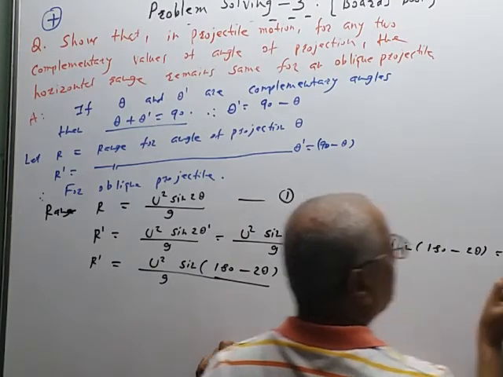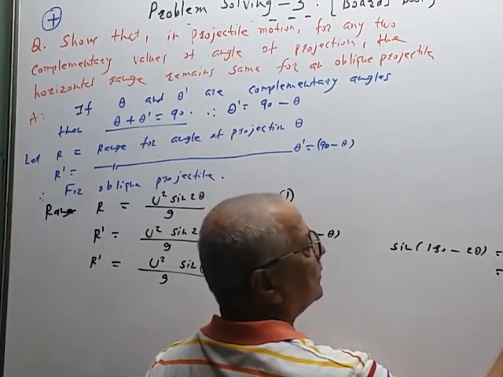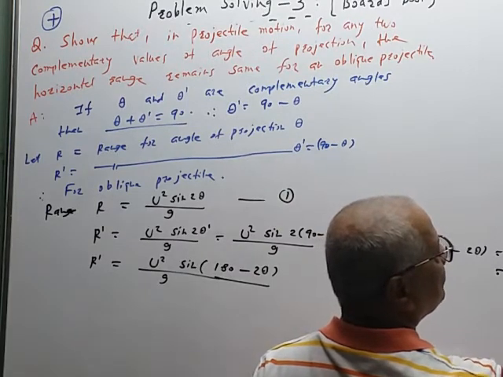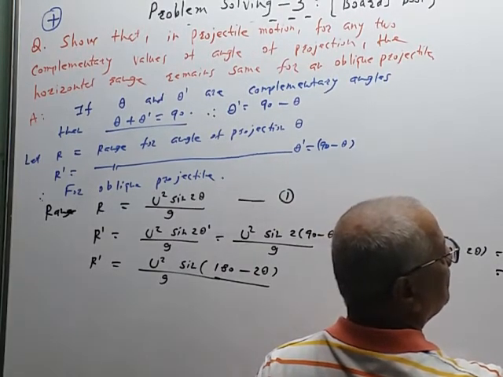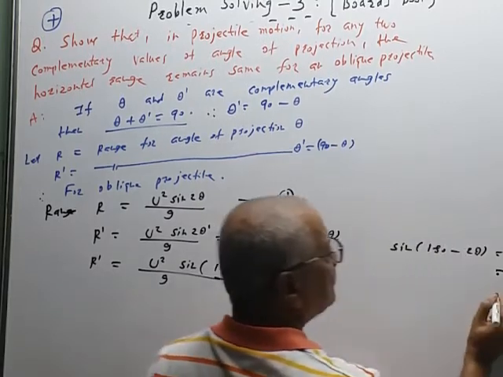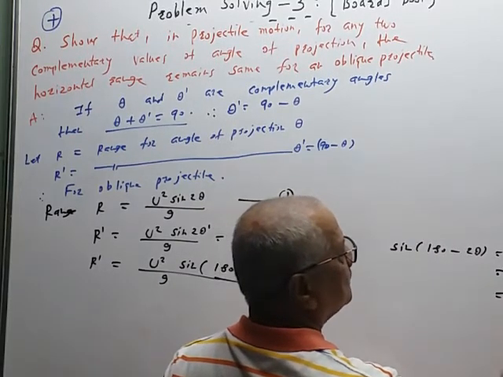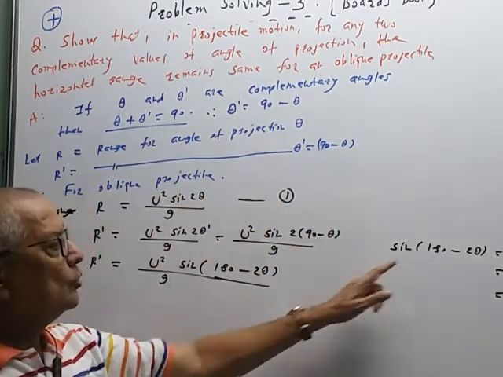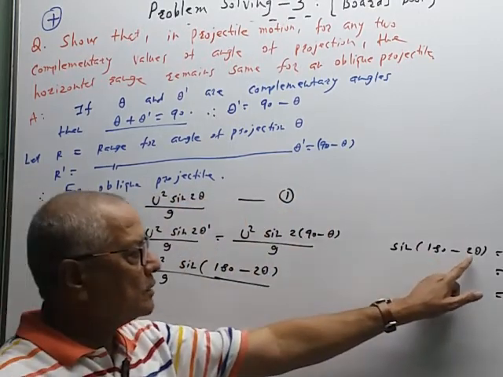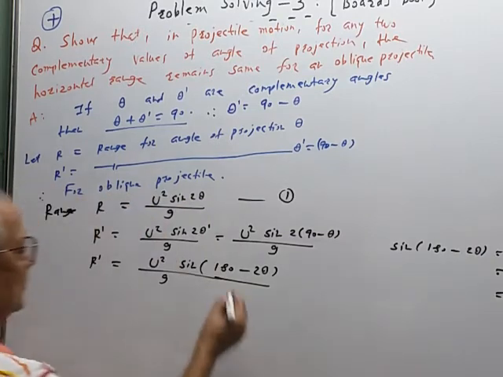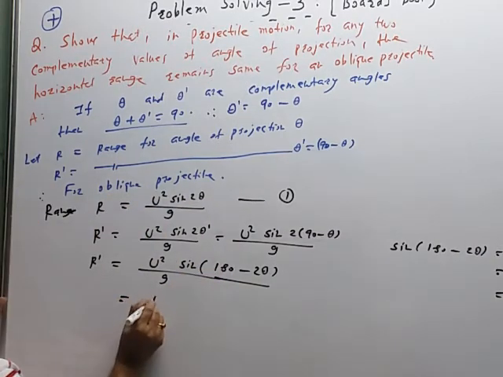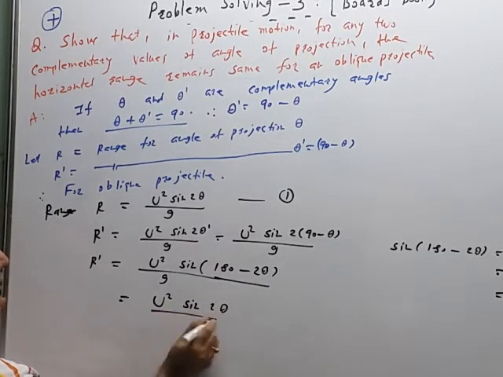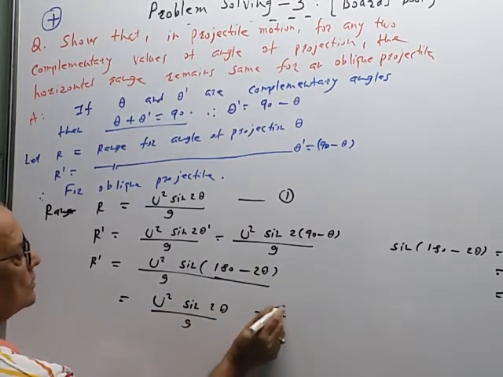But we know that sin of 180 is equal to 0, and cos of 180 is equal to minus 1, into sin of 2 theta. So minus minus will become plus. So from trigonometry we know this relation: sin of 180 minus 2 theta is equal to sin of 2 theta. So here you can directly write u square sin of 2 theta by g. This is equation 2.